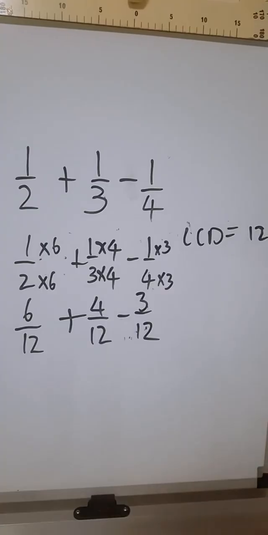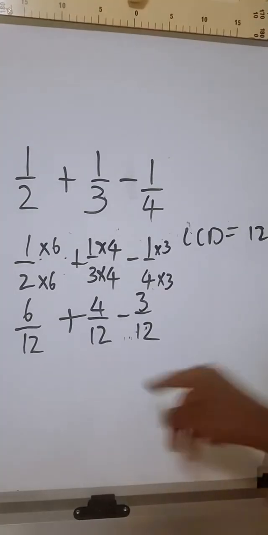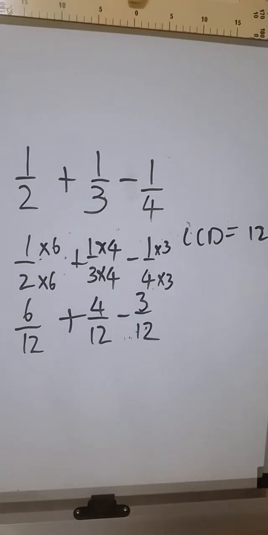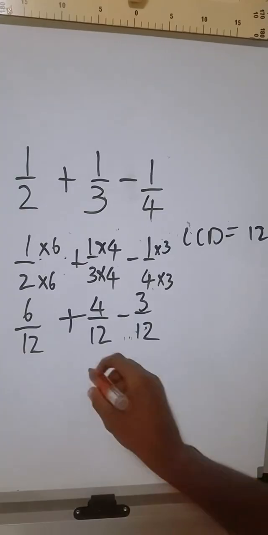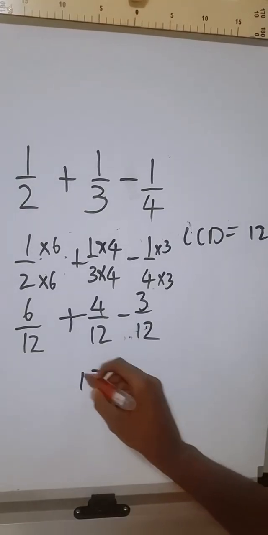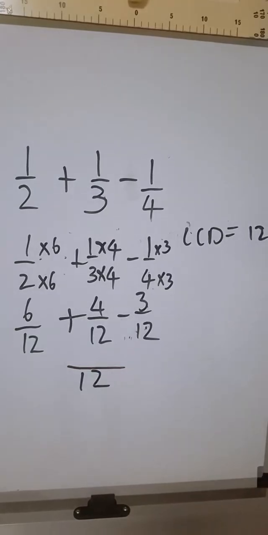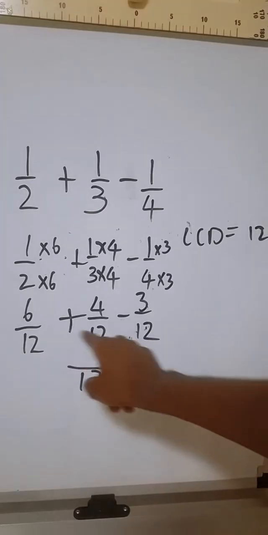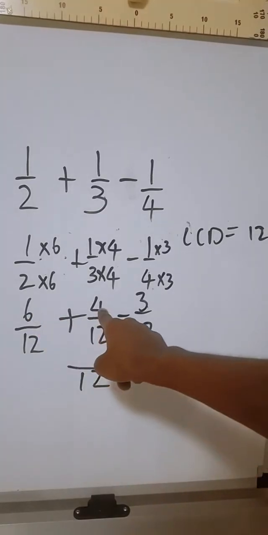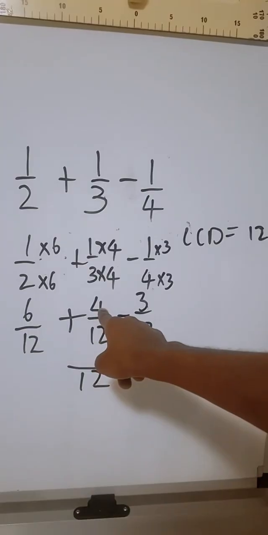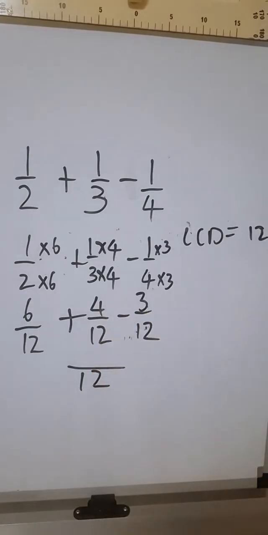now the rule says when the denominators are the same, when adding and subtracting fractions, we keep the denominator as it is, then we add and subtract the numerators. So now that the denominators are the same, we can freely say 6 plus 4 minus 3.